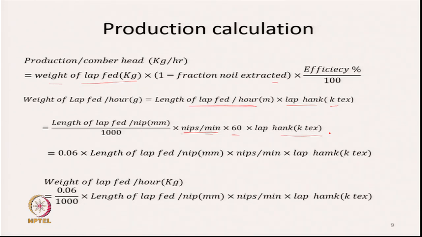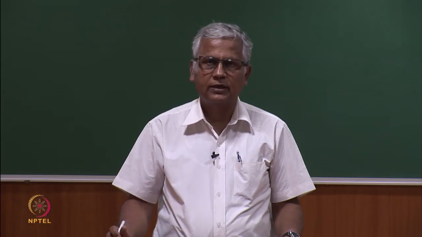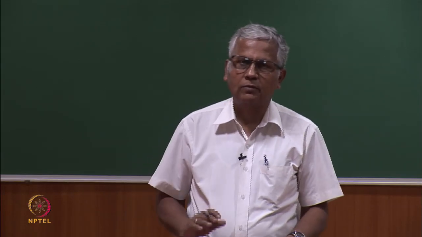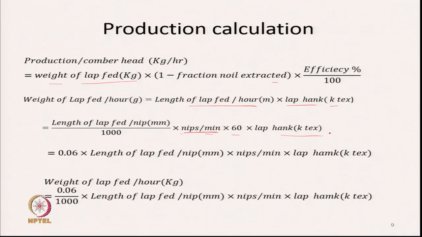Lap hank in kilotex basically means the weight in gram per meter. If I say lap hank is 60 kilotex, it means that 1 meter of lap will weigh 60 gram. Now, if I do this, we will get this formula simplified to 0.06, as shown here in the next line, and the weight of lap fed per hour in kg.